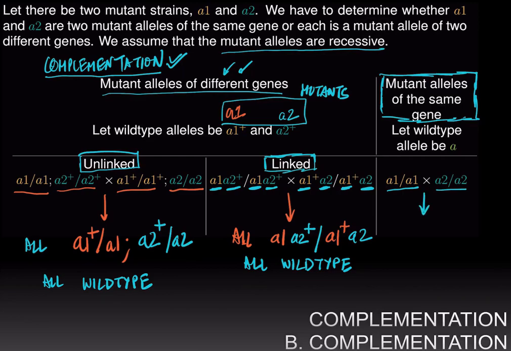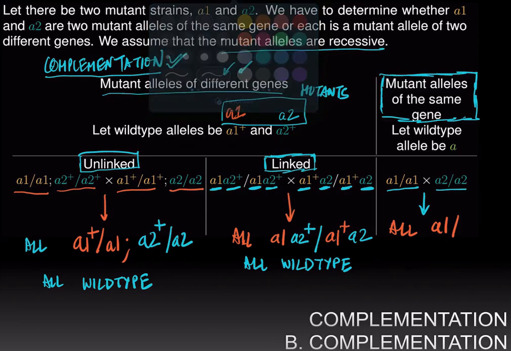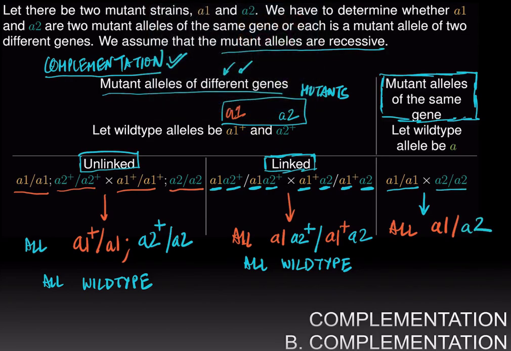And when we cross these, all the progeny are going to be a heterozygote between A1 and A2. And this is also called a trans heterozygote, where you have two different mutant alleles in the same individual.